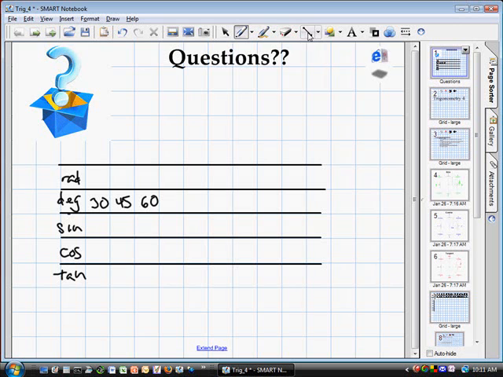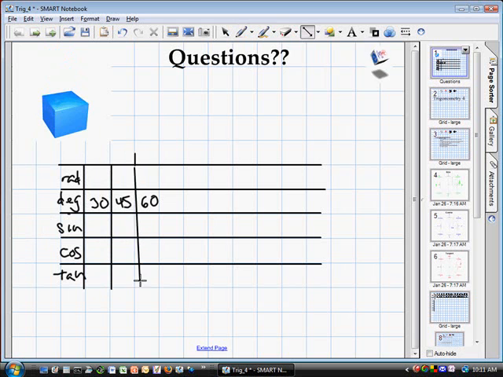Made the chart way too big. Okay. Complete the chart.